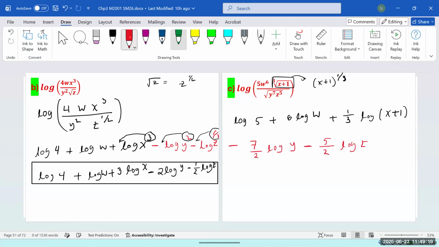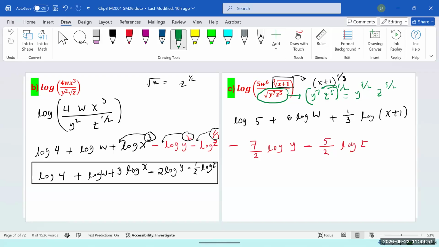Wonderful. So what is happening on the denominator is this. We have individual powers, y to the 7, z to the 5. And we have a combined power, square root, that turns into 1/2. That 1/2 we have to distribute to the individual powers. So it becomes 7/2 and 5/2.